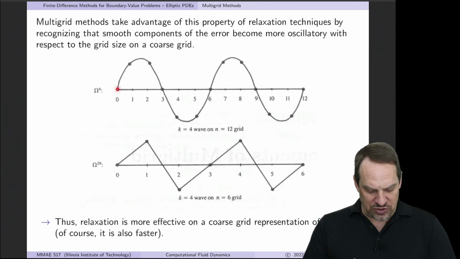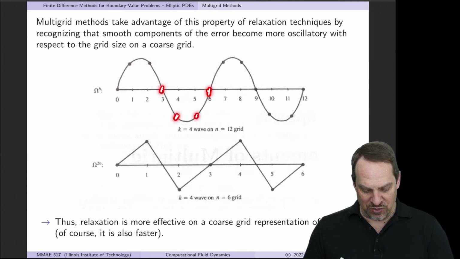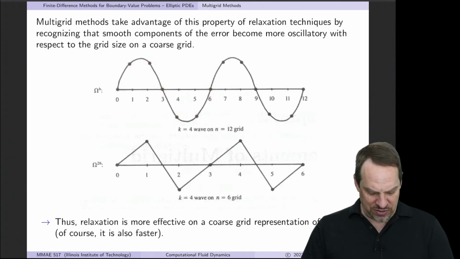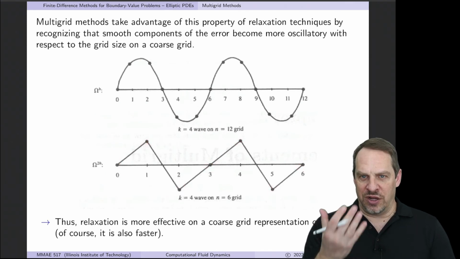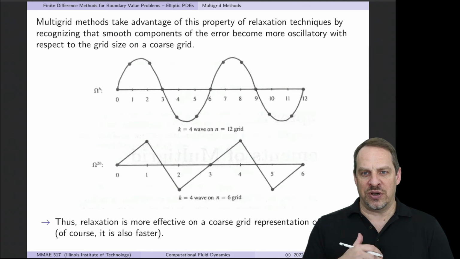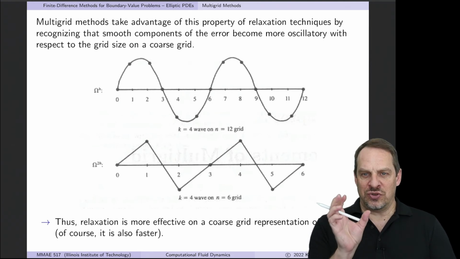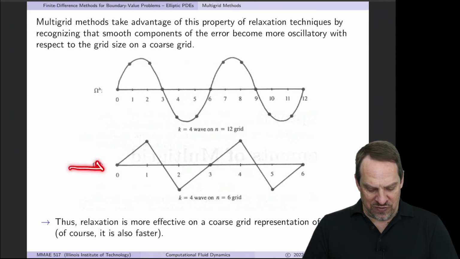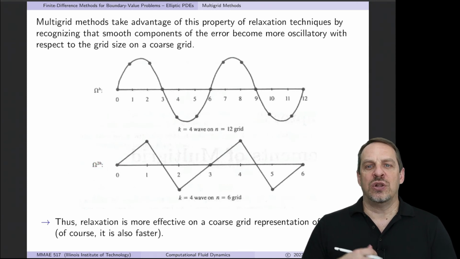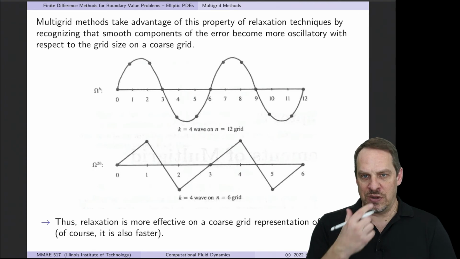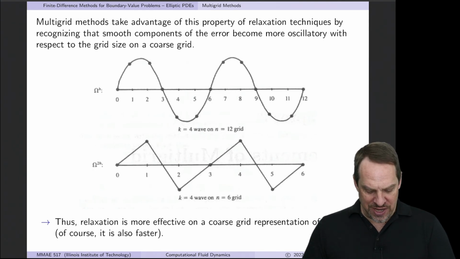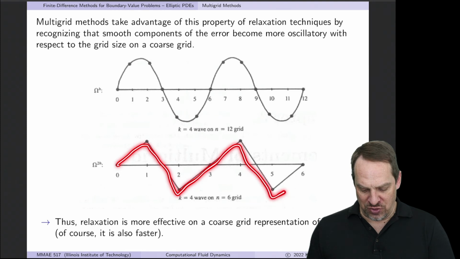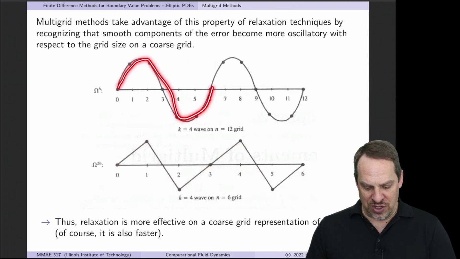Here's why. You notice here I basically have 4 points per lobe, right? Half sine wave. When I take every other point out, I only have 2 for each. So it's a more clunky looking representation of our error. But notice in terms of delta x, in terms of the grid size, the coarse grid version here at the bottom looks higher frequency. From the point of view of, I have more oscillations per grid point here than I do here.